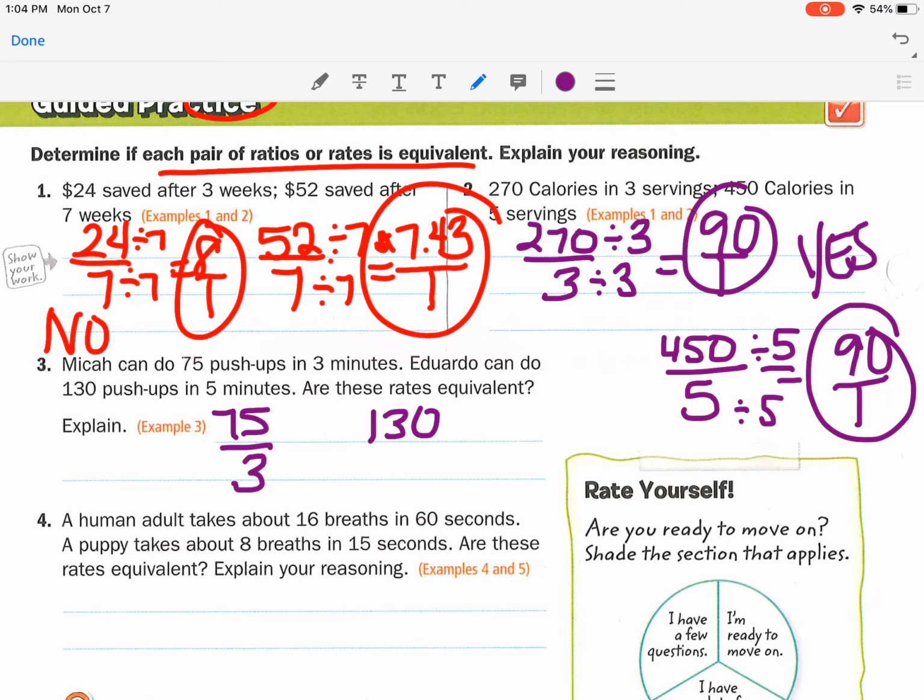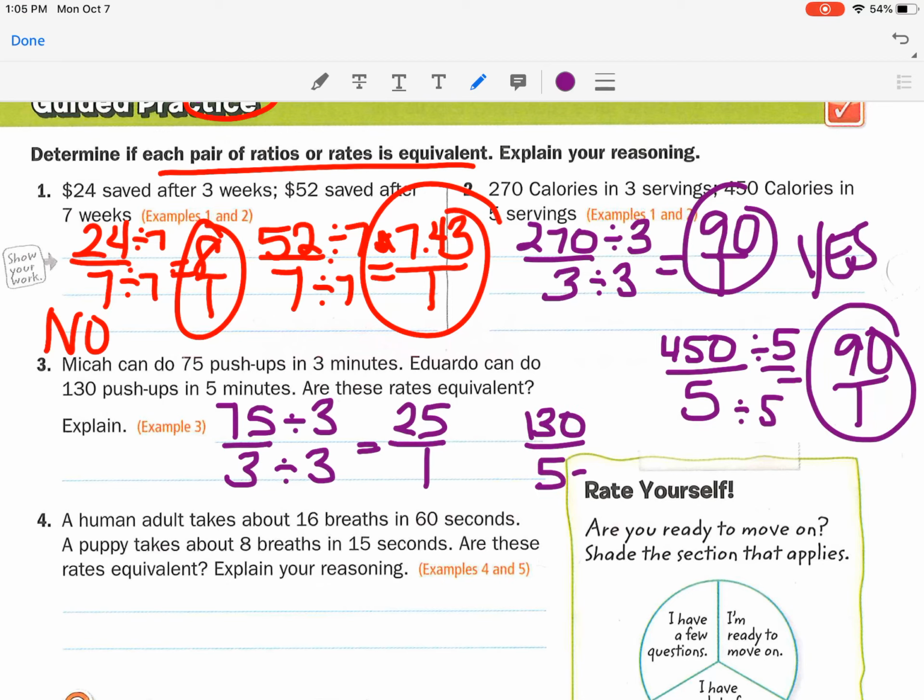So this is when we want to go back and think maybe we need to get it to a unit rate. So we're going to do 75 over 3, and we're going to divide these by 3, and I get 25 over 1. So in 1 minute, Micah can do 25 push-ups. Let's see, Eduardo can do 130 push-ups in 5 minutes.